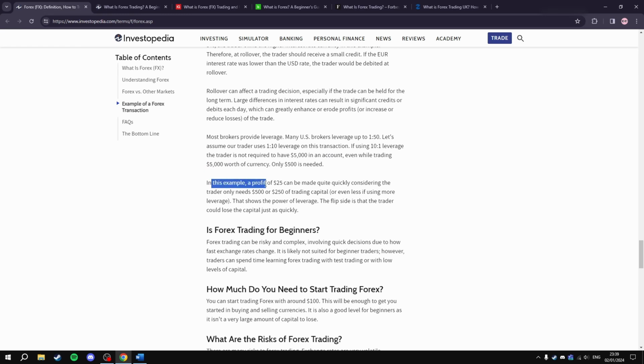In this example, a profit of $25 can be made quickly, so the trader only needs $500, or even less if using more leverage. That shows the power of leverage. The flip side is that the trader could lose capital.